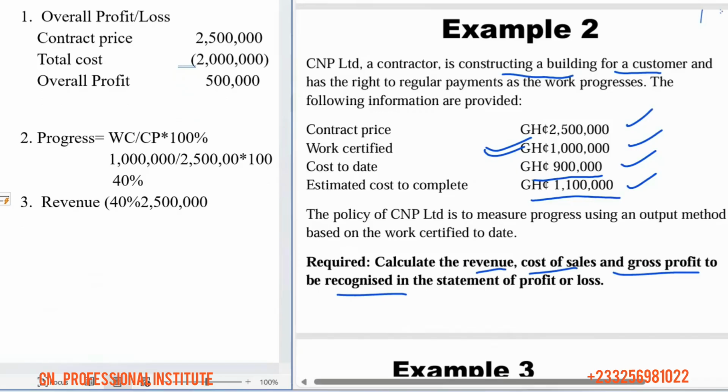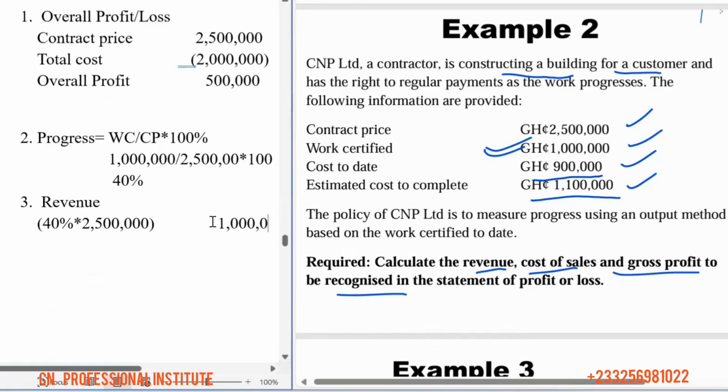So 40% times 2,500,000. And that would give us 1 million. So we have 1 million as the revenue. We are going to record 1 million.